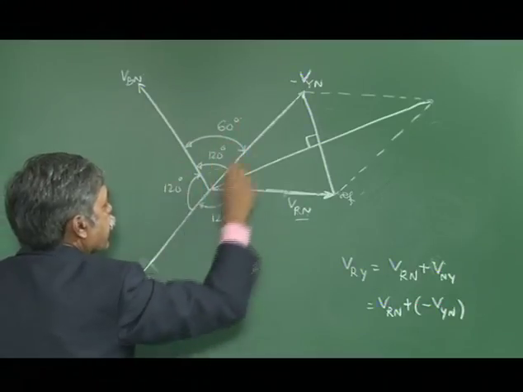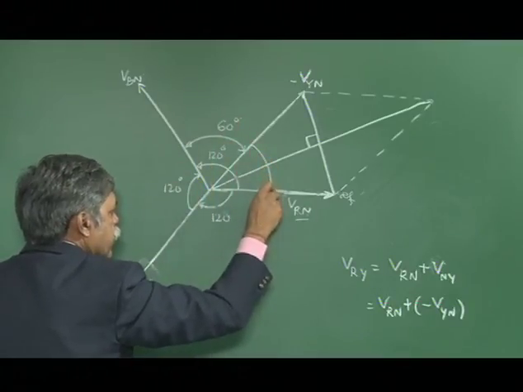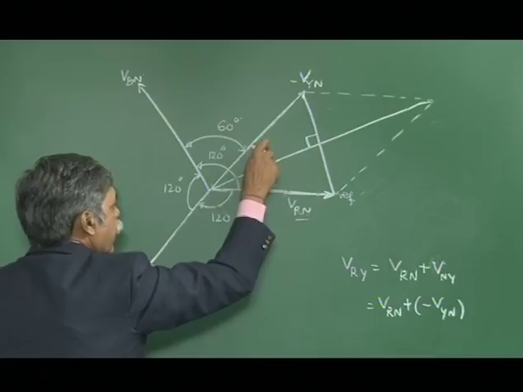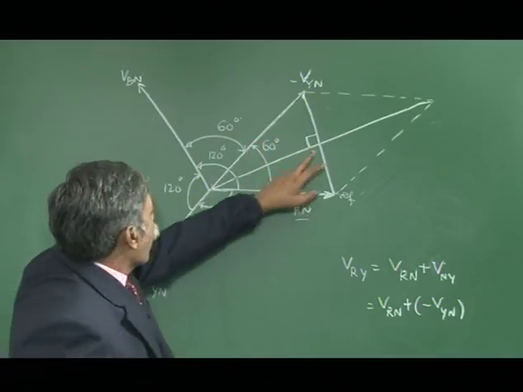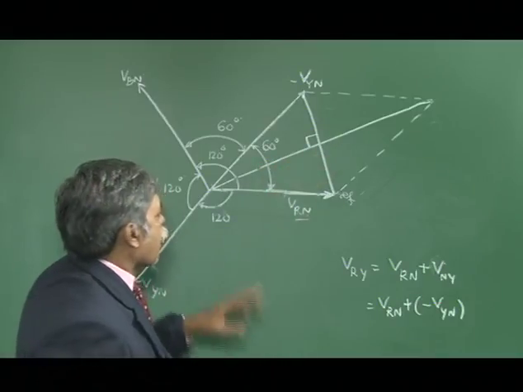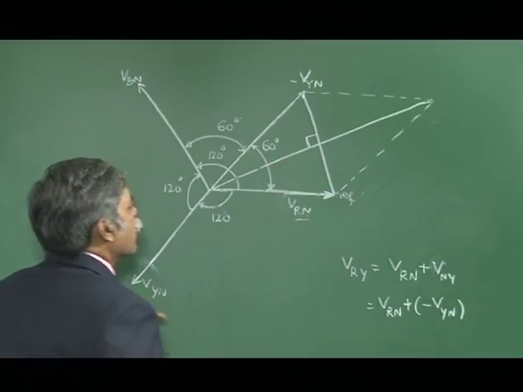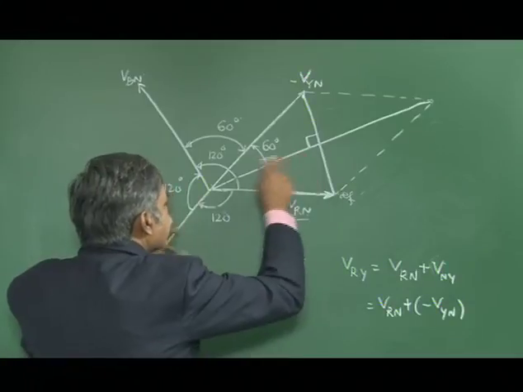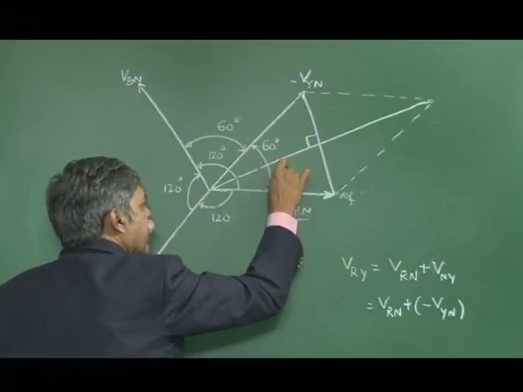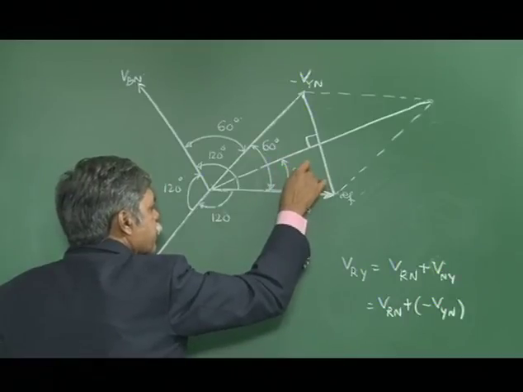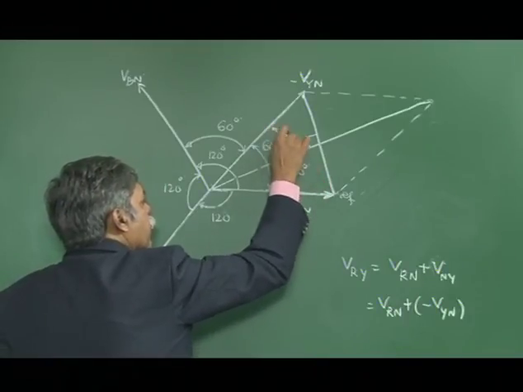So when this is 60, this angle is also 60 degrees. As the longer and shorter diagonals are perpendicular bisectors, they bisect the angles also, therefore this angle now becomes 30 degrees. So this angle also becomes 30.